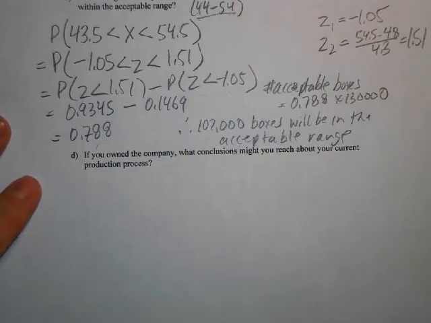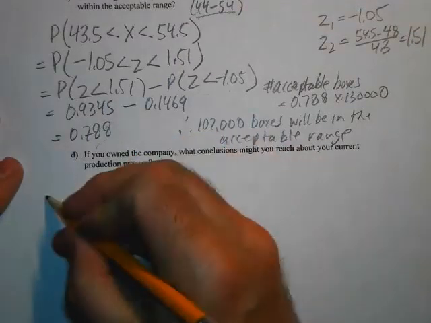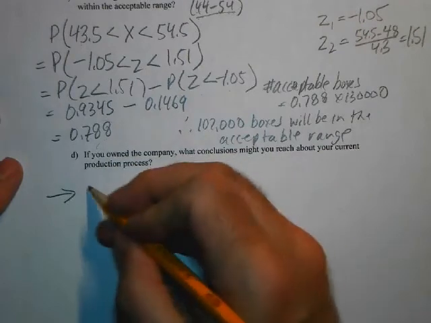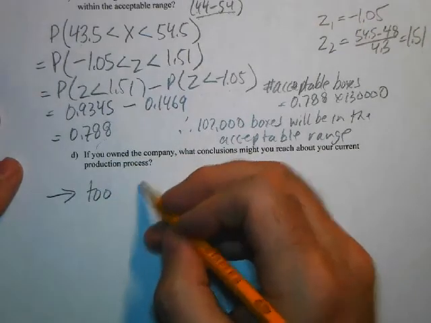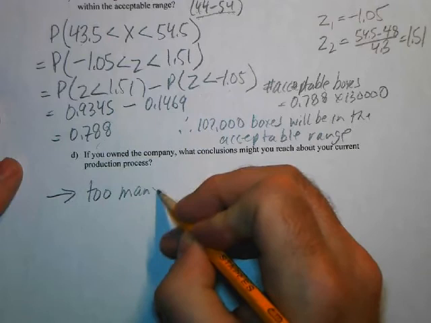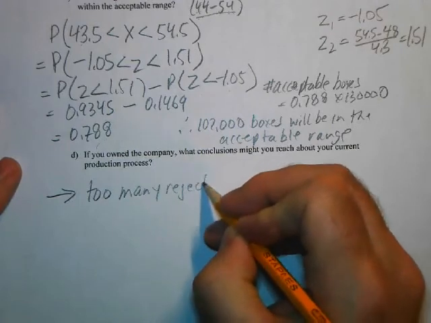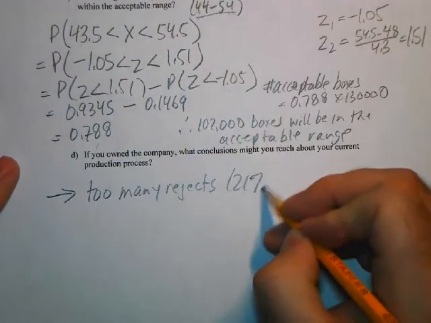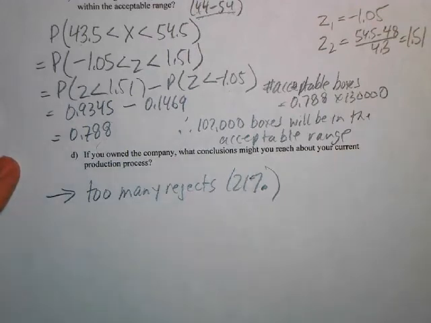The first one was that we saw that 21% of product boxes will be rejected. That's very, very high. So that would be the first thing I make a note of. Too many rejects. 21% of all your production. Okay, and what might you do about that?